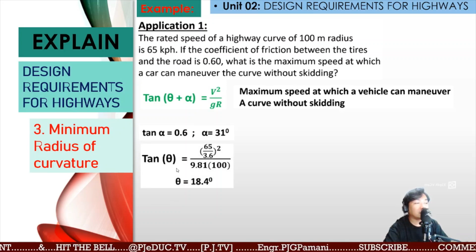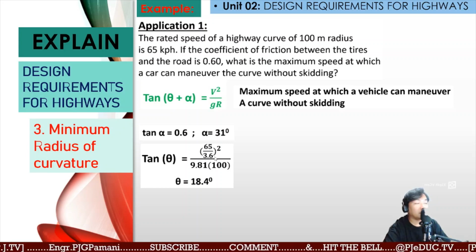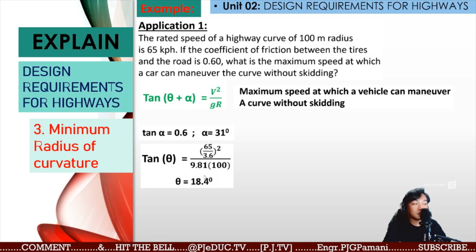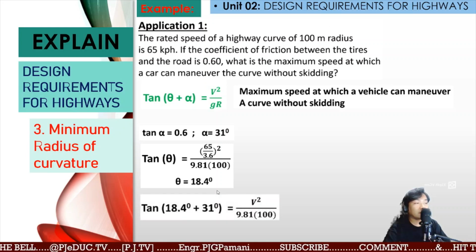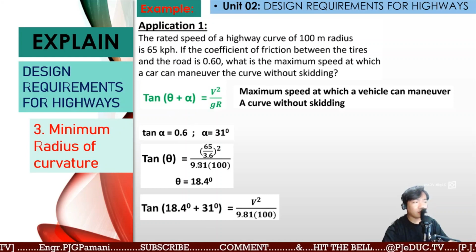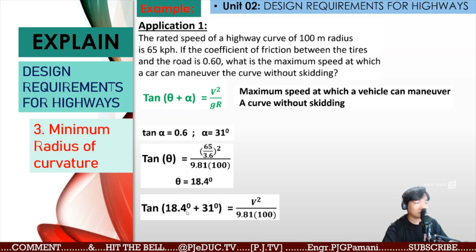Tangent alpha is now equal to the actual speed of 65 over 3.6 squared, because kph squared needs to become meters, then 9.81 meters per second squared times 100 meters gives us theta of 18.4. Then for the actual design speed, that is 18.4 degrees plus 31 degrees.